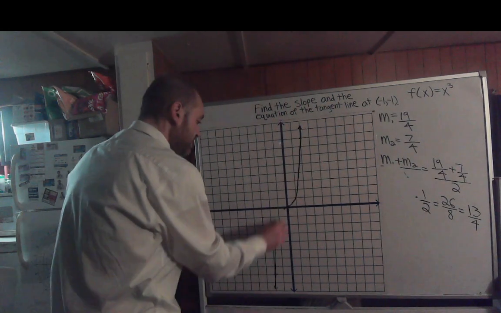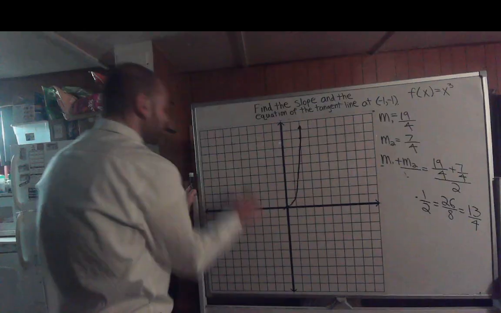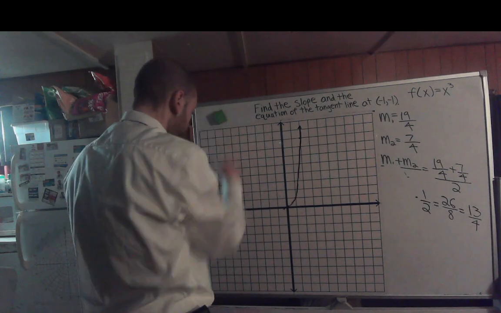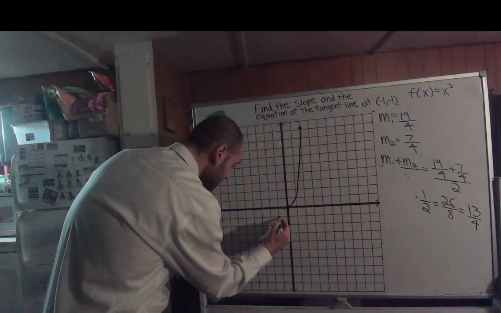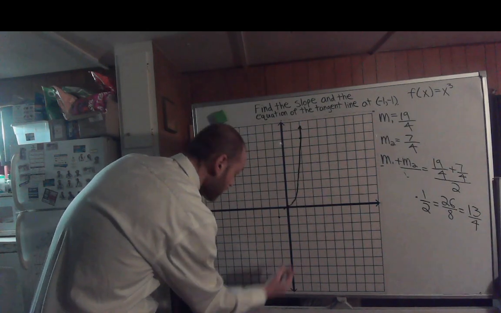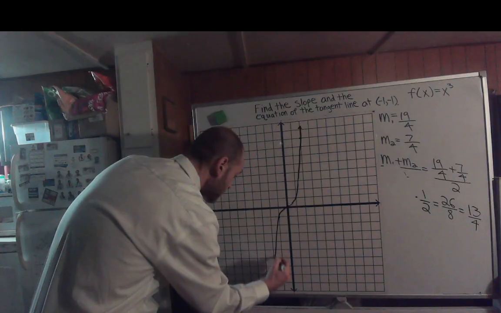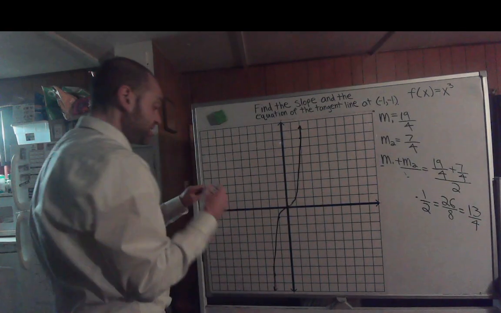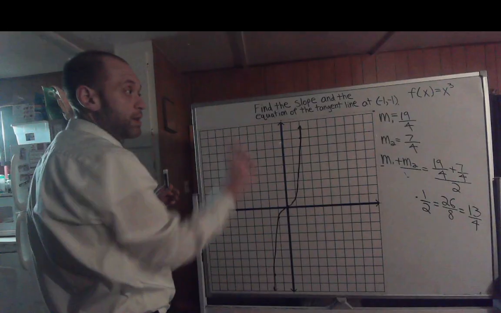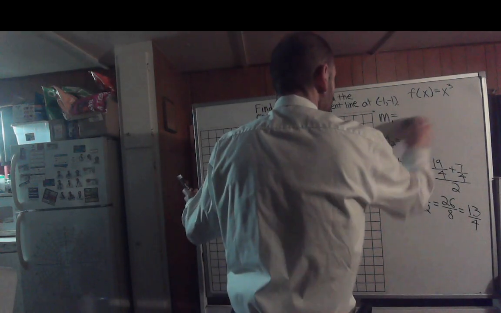Now this time it's probably getting a little too close to graph, but let me graph this line here. Let's say I only go 0.1 units apart this time.